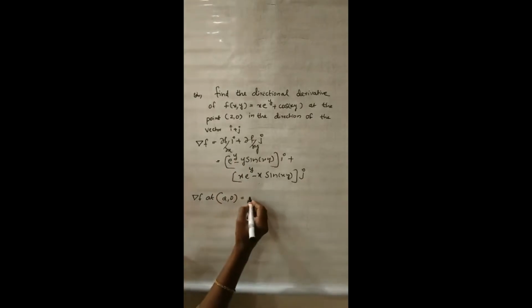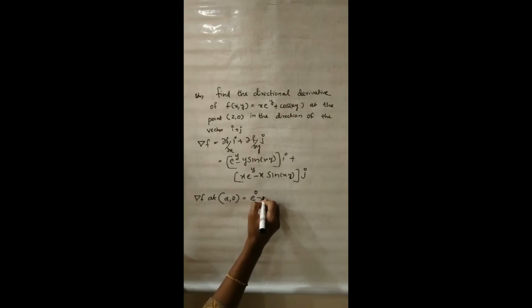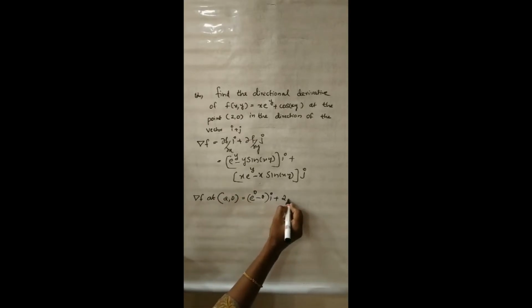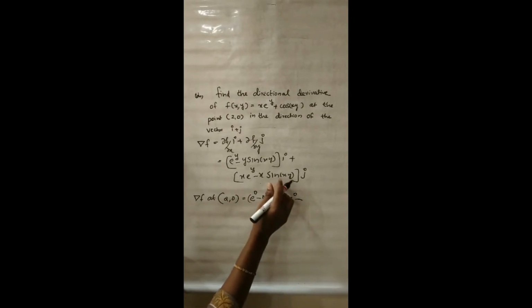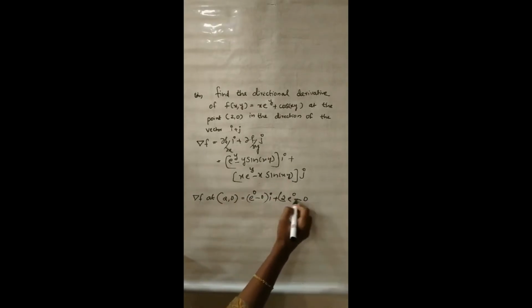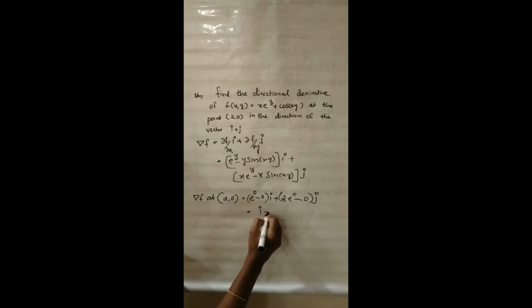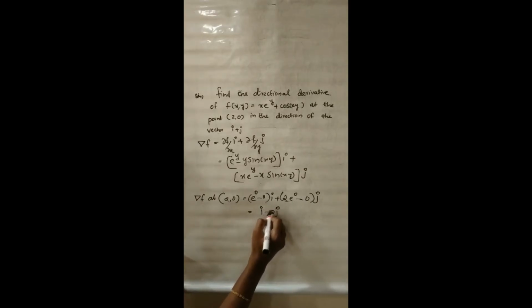If you put x equal to 2, y equal to 0, you get e raised to 0 minus y, which is 0, so this term is 0. i plus, x is 2, y is 0, so 2 e raised to 0 minus the term with sin 0, which is 0. So the second term is 0. So you get e raised to 0, which is 1. So this is i plus 2j. So del f at (2, 0) is i plus 2j.